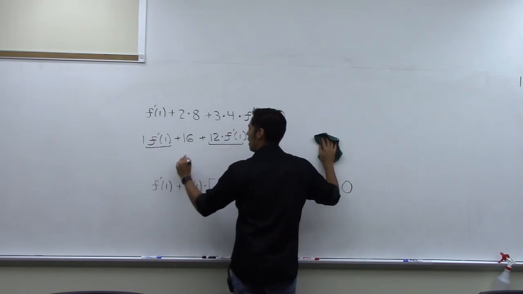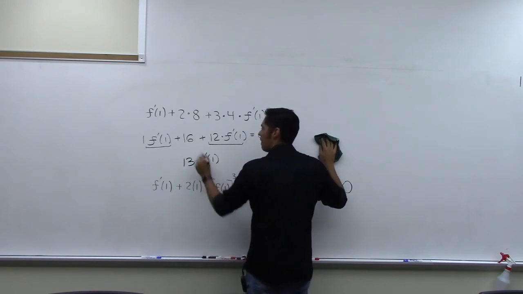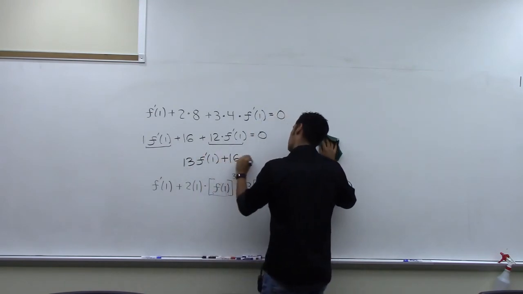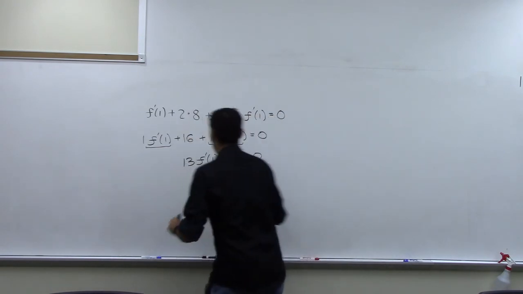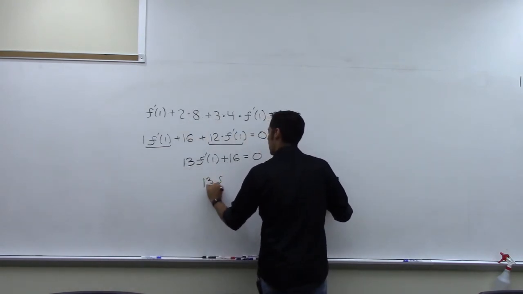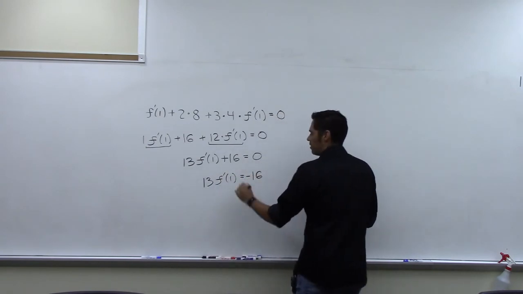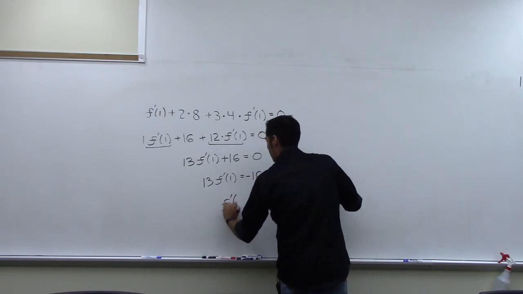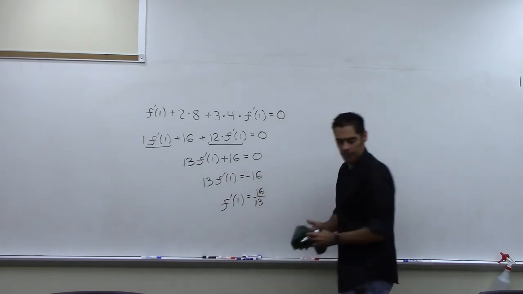If I add those two together, that gives me 13 f prime of 1s plus 16 must equal 0. And if I move that 16 to the other side, 13 f prime of 1 equals negative 16, and then divide both sides by 13. F prime of 1 equals 16 over 13.